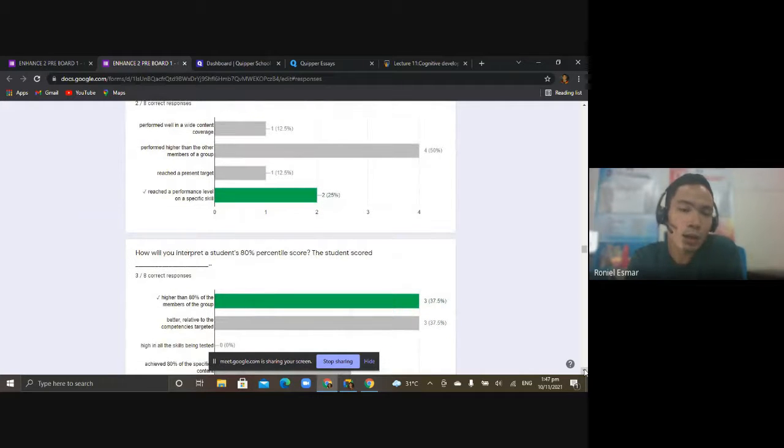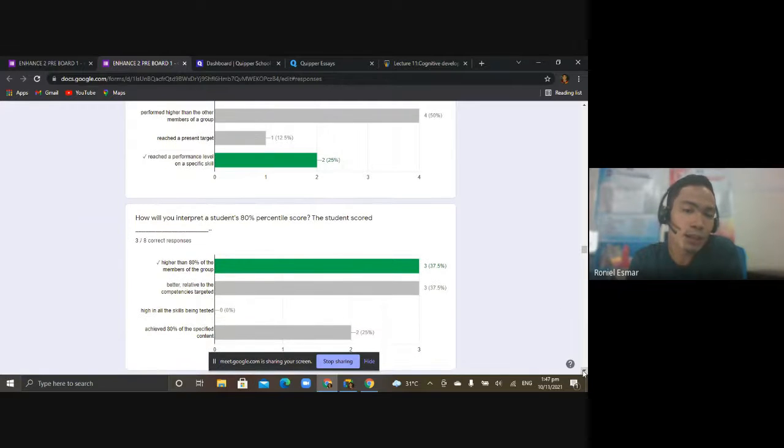Next, how will you interpret a student's 80% percentile score? The student scored what? Is it number 1, higher than 80% of the members of the group? Now, if we talk about percentile score, we are looking at the performance of a particular student relative to the performance of the other group members.